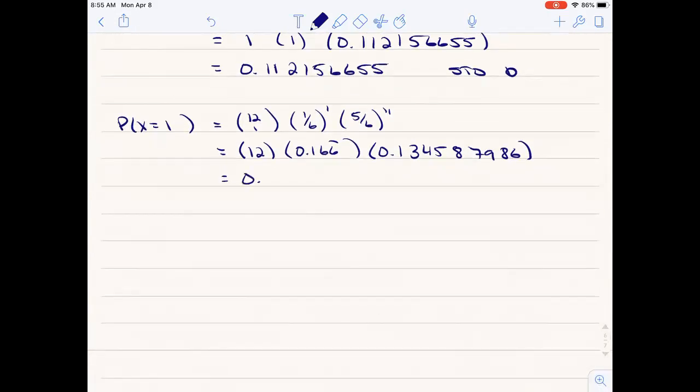Multiplying, that gives 0.269175971, which I'll store in 1.